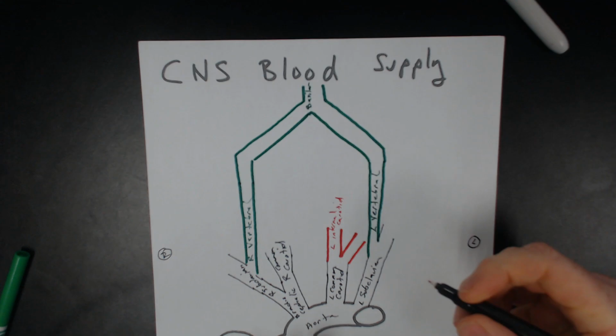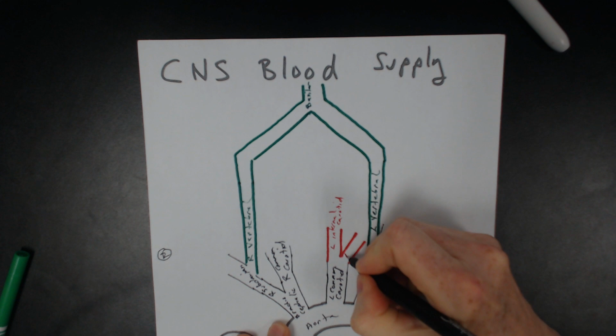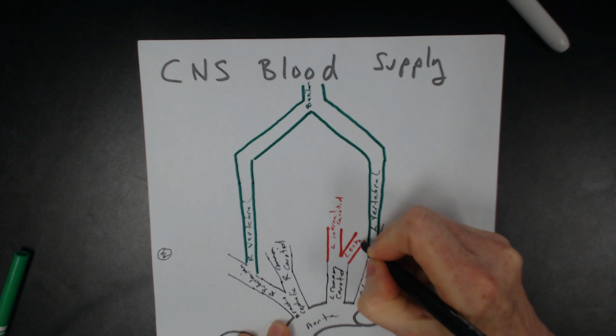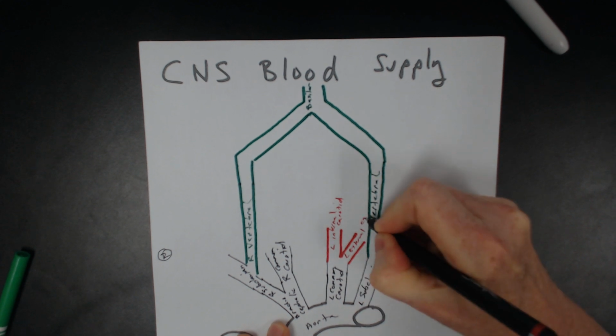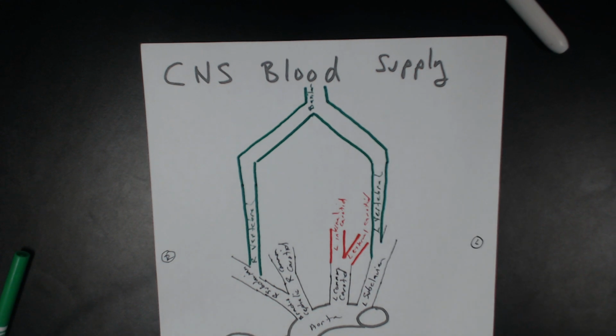And then over here, more external, is going to be your left external carotid. Okay? So nothing new. Hopefully you got that anatomy as well. So coming off the left common carotid, two main branches, the left internal carotid and the left external carotid.